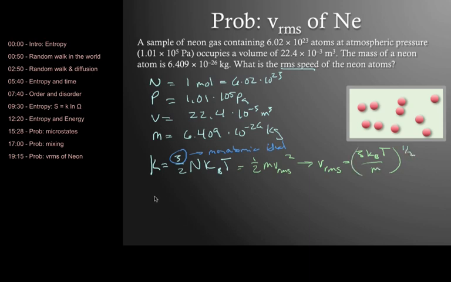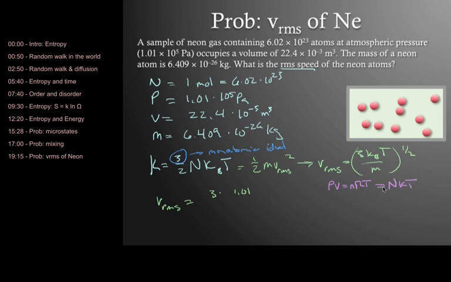So now we just plug in all that we want to know. So this vRMS is going to be equal to 3 times this 1.01. Basically, we need to find a way to get T. So T, if we look at an ideal gas, we get PV equals nRT. But R is this ideal gas constant. And this is really NkT.